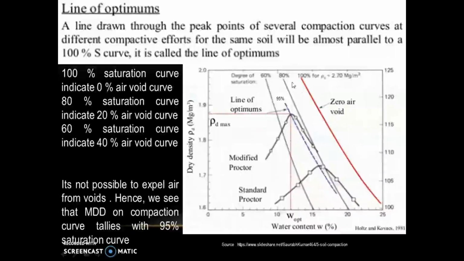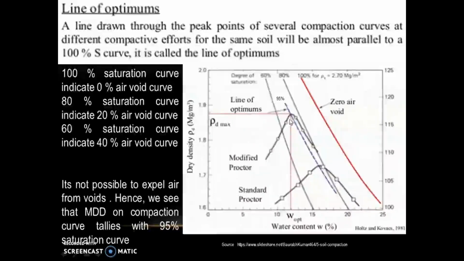Second one represents 80% saturation line, that means degree of saturation is equal to 80% and percentage of air voids is 20%, whereas third line represents saturation line with degree of saturation equal to 60% and percentage of air voids is equal to 40%.